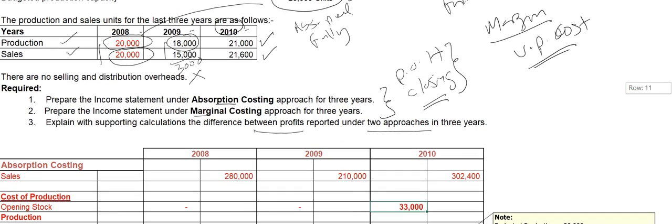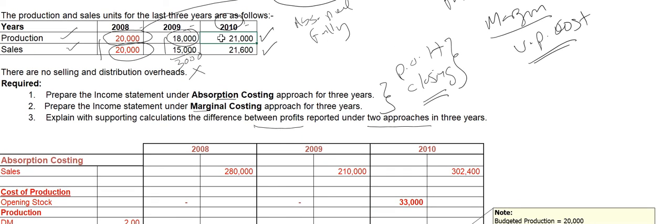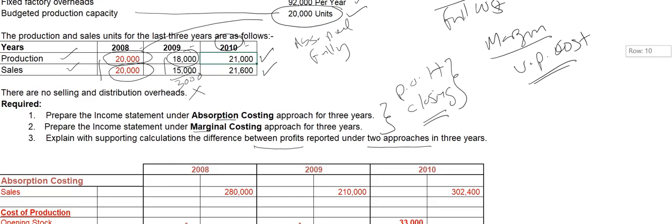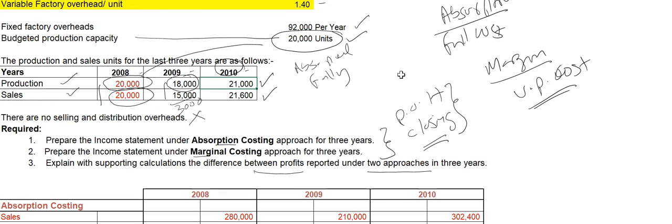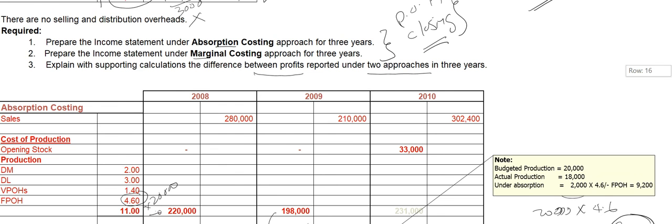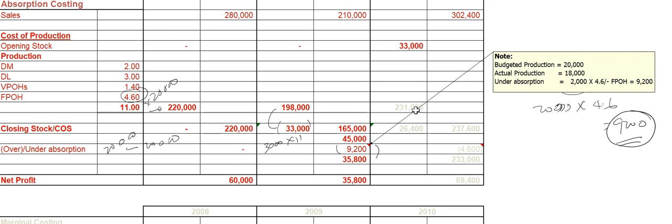How much is the production? Now you produce 21,000. Though your production capacity is 20,000, you produce 21,000. So 21,000 at full cost, which is 21,000 times 11 will be 231,000.